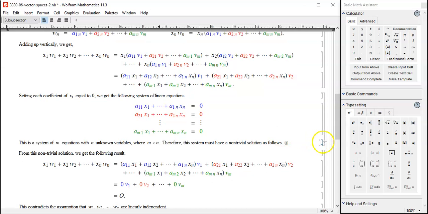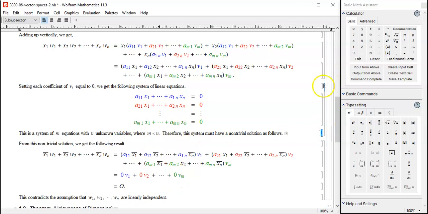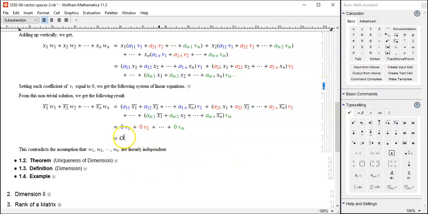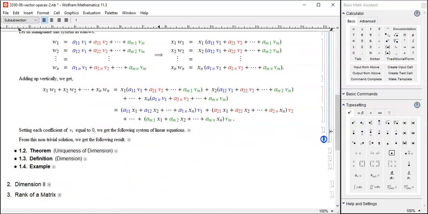Where are we? Non-trivial solution. So not all of them are 0, yet we ended up with the 0 vector. So w1, w2, w3, all the way to wn are linearly dependent.